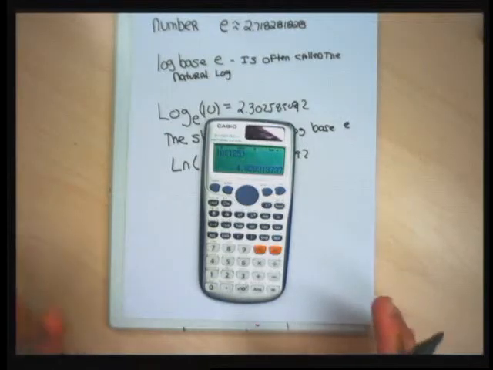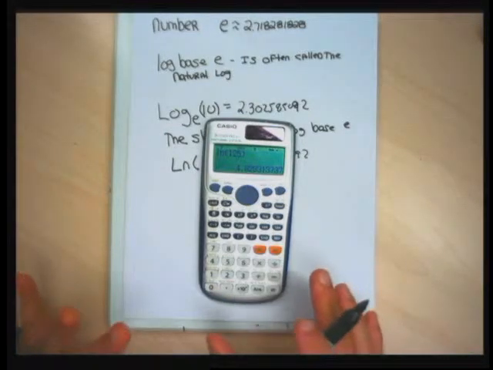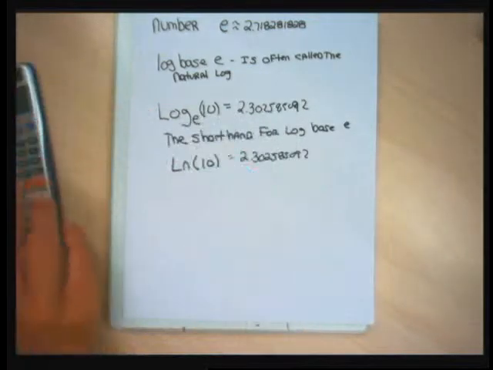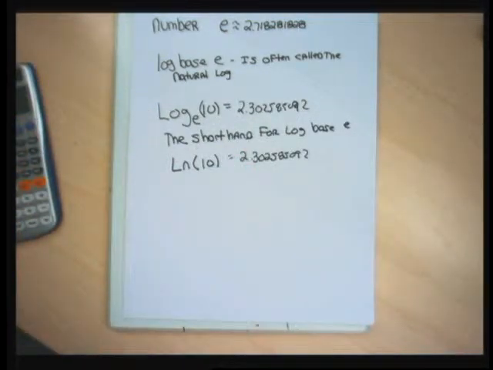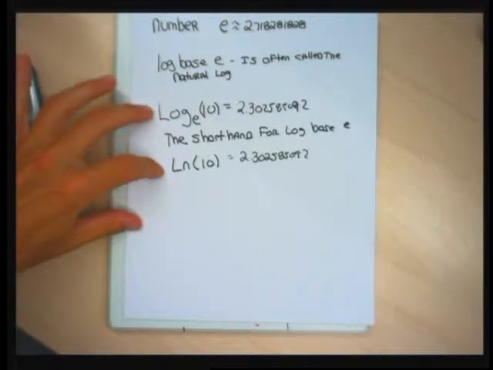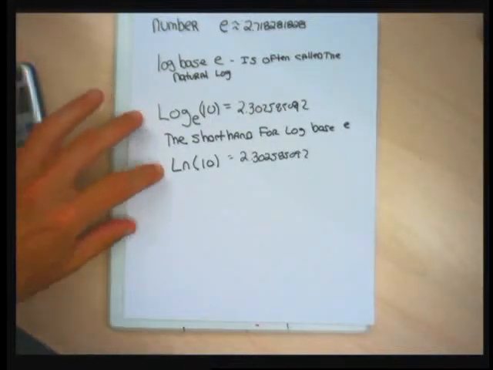So log base e and ln are interchangeable. ln is shorthand for log base e, and more often than not, I like using the shorthand, but there's going to be some times when I'm doing algebra that if I don't see the base, it makes it harder to do what I need to do. So I'll interchange between log base e and ln as it suits me.